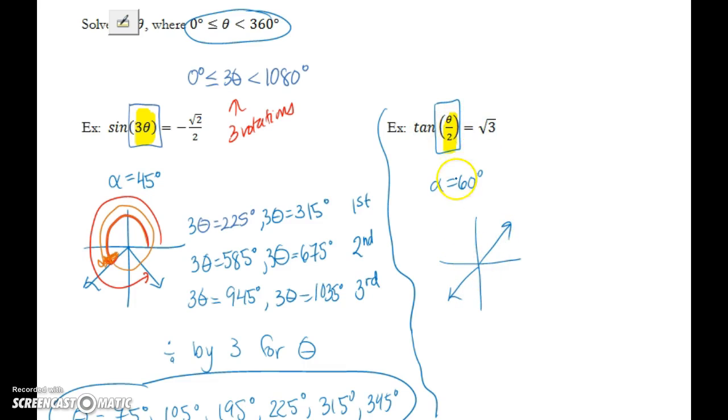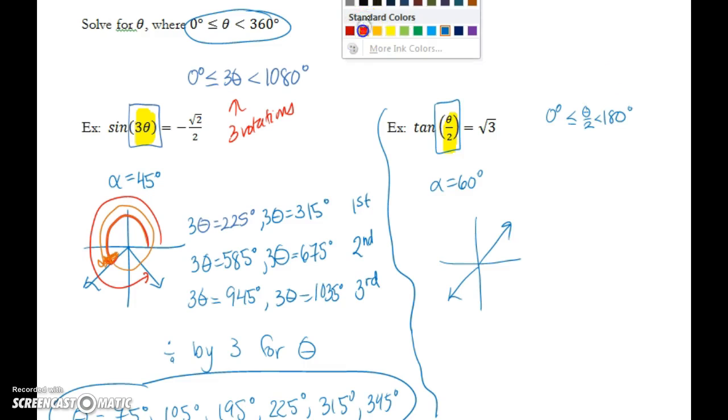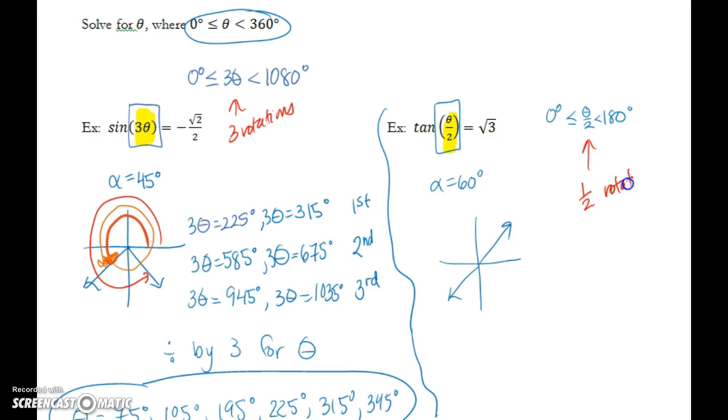Now, because we're dealing with theta over 2, and because theta is between 0 and 360, theta over 2 is between 0 and 180, which is 360 divided by 2. This tells us that all of our solutions lie within half a rotation. So if we rotate through the top half, we don't have solutions in quadrants 3 and 4.